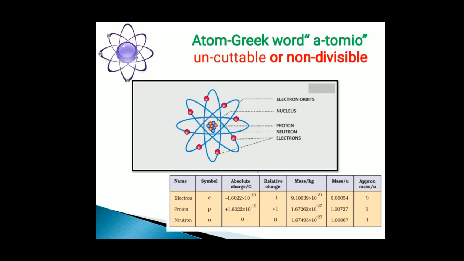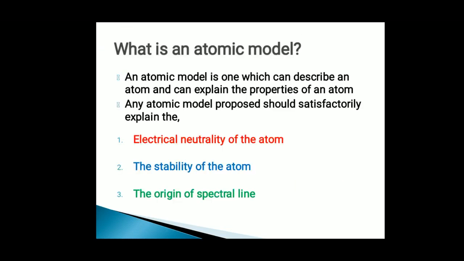And also in this table I have given the masses of the subatomic particles in terms of kg as well as in terms of AMU, that is atomic mass unit. You can refer to this table. Now the observations obtained from the different experiments explain what here? As you know, the atoms are composed of subatomic particles which carry a positive and negative charge.